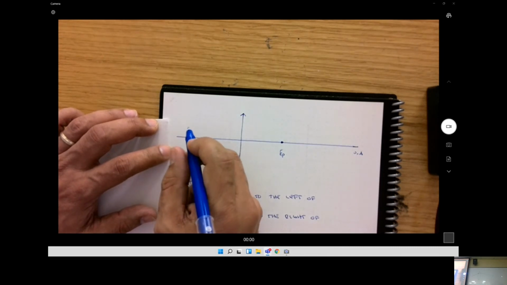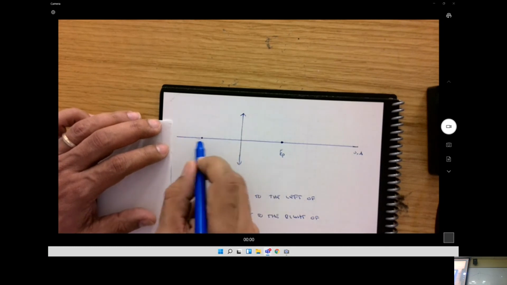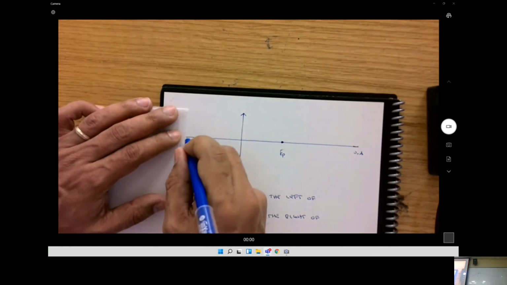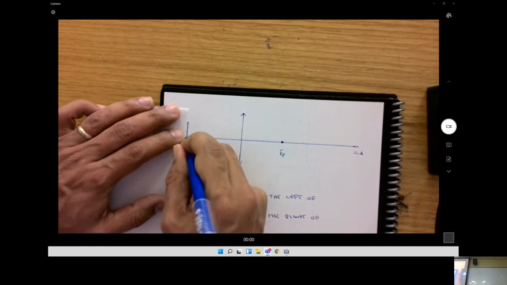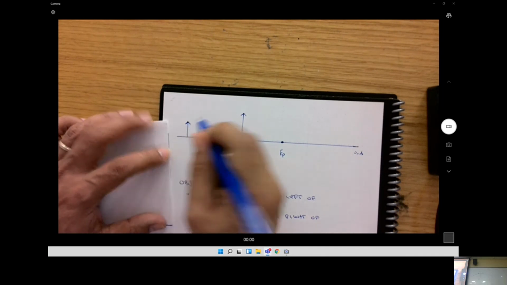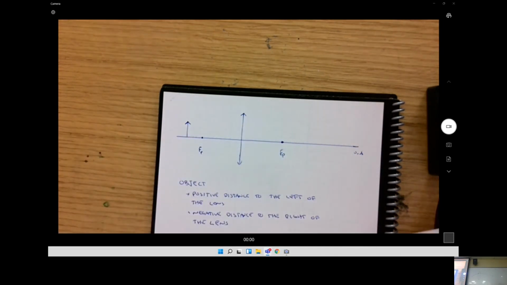And I'm going to put this object somewhere around here. If I were to say that the object has a height of -10, even though -10 for height doesn't make sense, in this context it means that it will be below the optical axis.